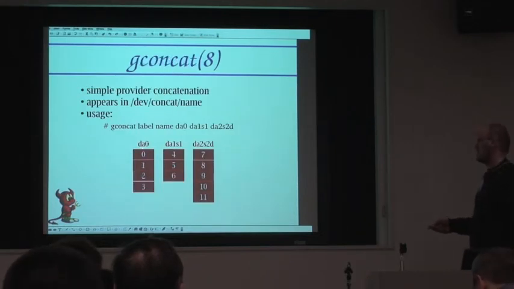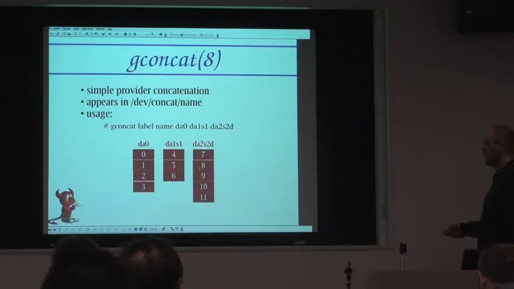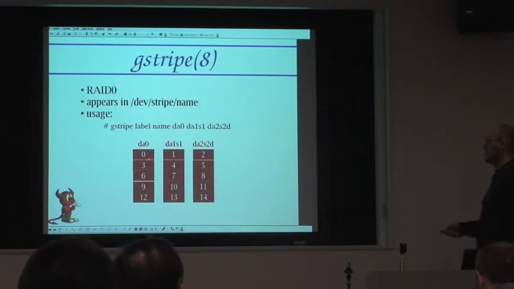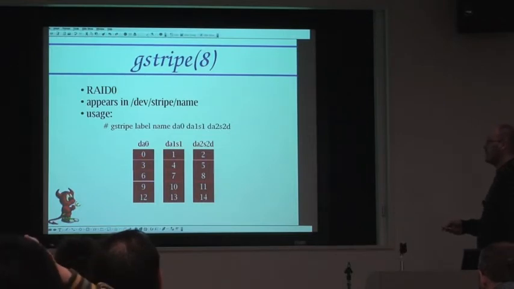In gconcat we use the sectors of this disk, and when we go to the end, we start from another provider. With stripe, RAID 0 works in this direction.